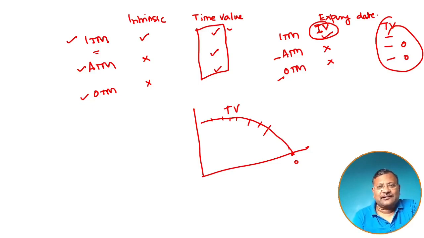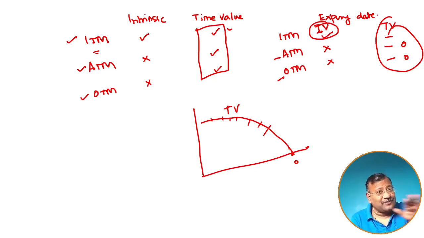Now just imagine, if you are a buyer and you are holding an option, then whether the share price moves or not, that is a different story altogether. Whether the share price moves or not, there is some element of loss that you are going to incur on account of loss of time value. Now, of course, if the movement of shares in your favor is much higher than the loss in time value, you will stand to make a profit.